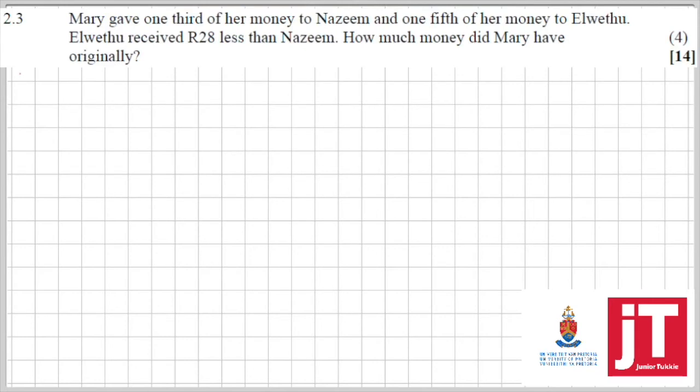In the last question, we're given a scenario where we are told that Mary gave 1/3 of her money to Nazim and 1/5 of her money to Elwetu. Elwetu received 28 rand less than Nazim. How much money did Mary have originally? So we need to set up our equations.